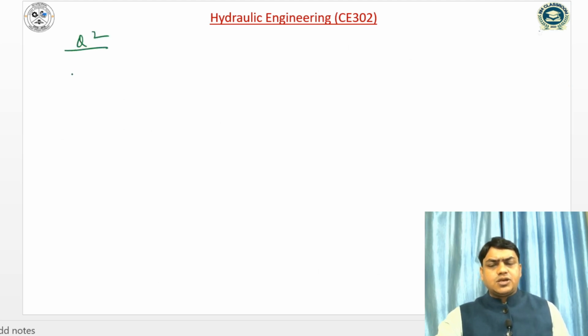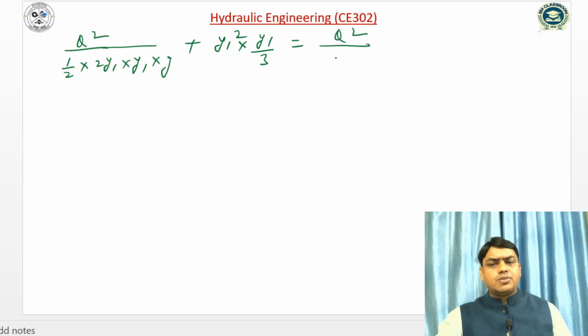A1 can be written as 1 by 2 into 2y1 into y1, so the 2 cancels and it will be y1 square, and z1 bar is y1 by 3. Similarly A2 is y2 square, and z2 bar is y2 by 3.